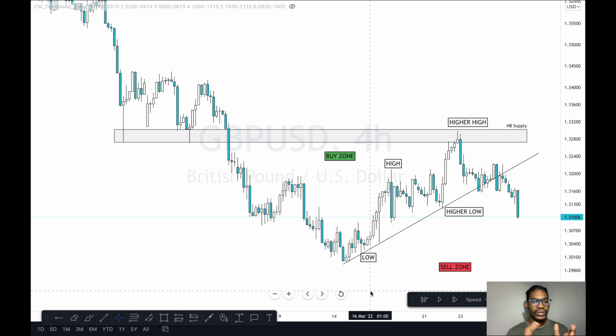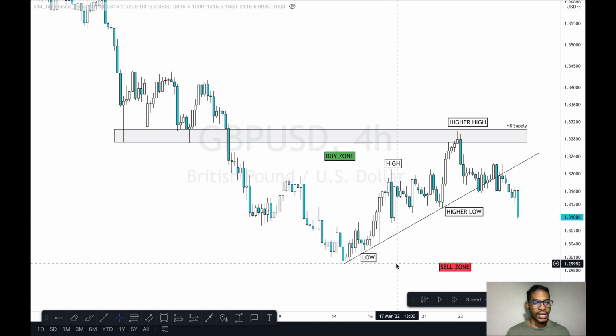Okay, so you guys are looking at my chart right now, and I have some things on my chart. Let me just quickly explain what these are. Now, on the weekly, daily, and H8 time frames, price has been bearish. Price is in a downtrend.